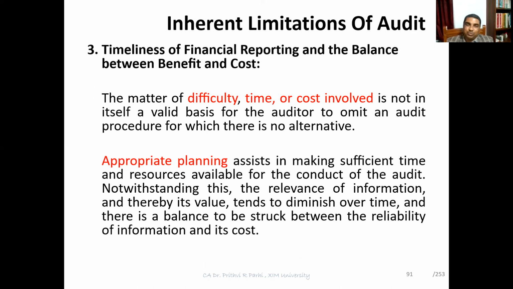Of course, auditors will not omit a procedure just because it is difficult, or just because it doesn't have time, or just because it involves a cost. So what is expected is that the auditor has to make appropriate planning so that once the procedure is decided, it has to be applied.